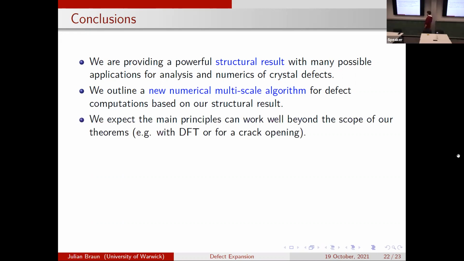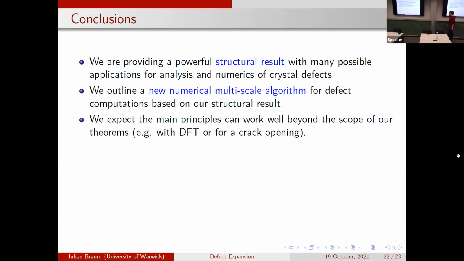And so one interesting part is that we actually expect the main ideas, the main principles of this entire theory of using the lattice Green's functions, using these expansions, would really work well beyond the scope of our theorem, right? Our theorem is mathematically precise, rigorous. We have to make some restrictions to make that work, which only work for dislocation and point defects at the moment, so screw dislocation and point defects.